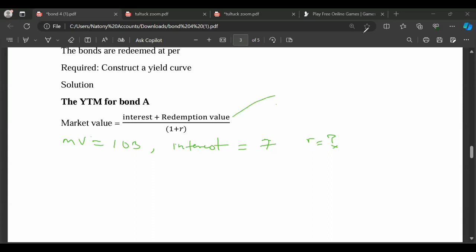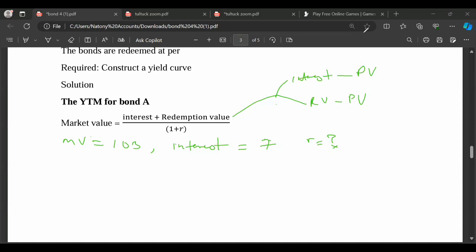So the cash flow from the bond is always your interest plus your redemption value. This is the present value of your interest, and this is the present value of the redemption value of your bond.